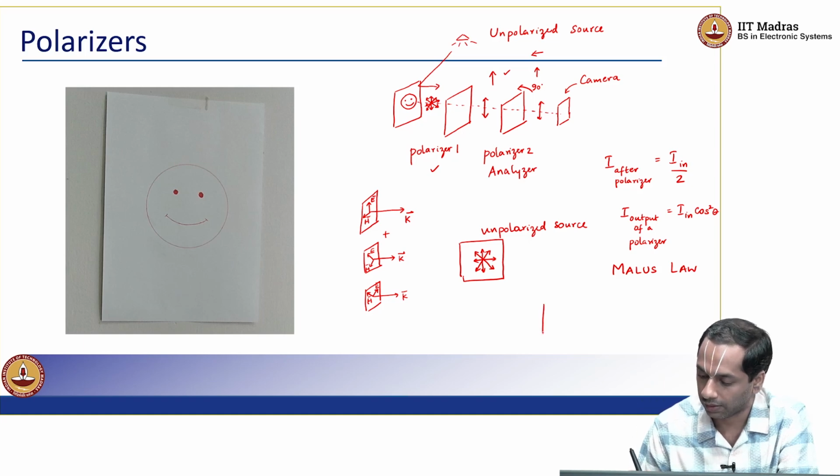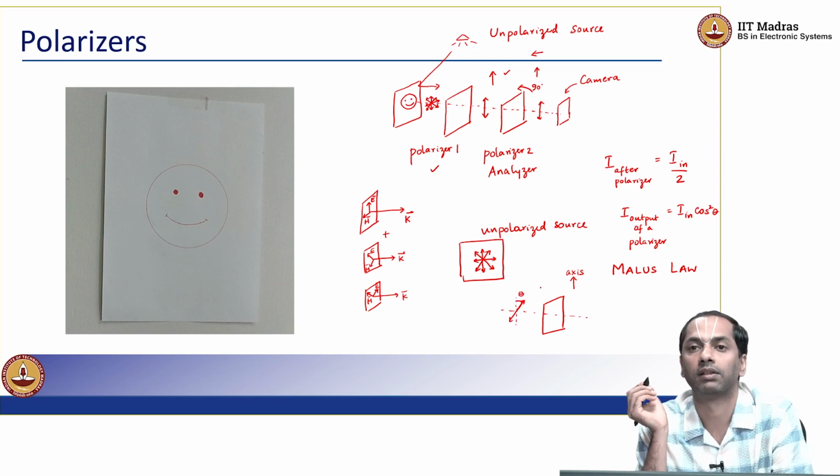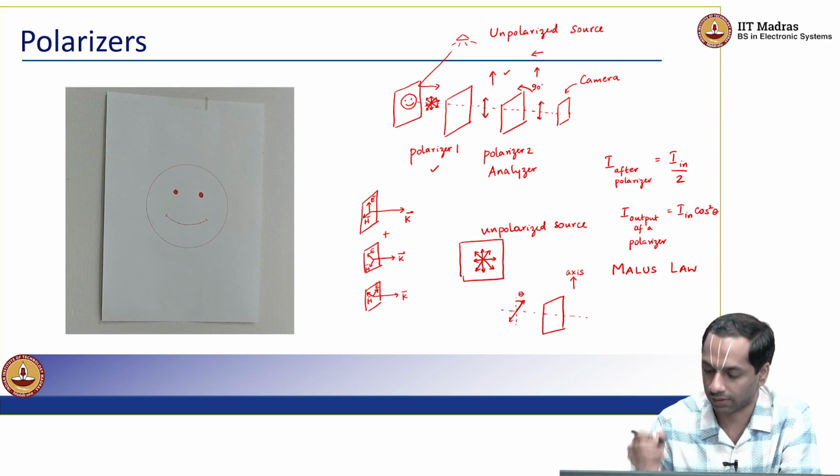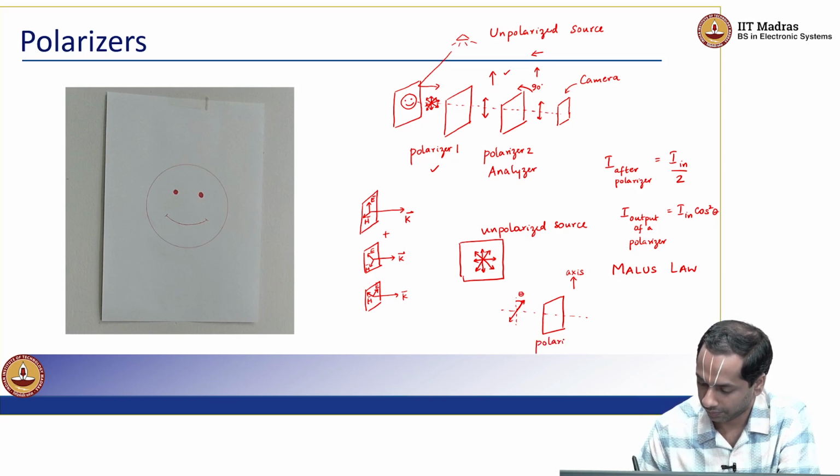So, if this is the axis of my polarizer, and I am sending in a linear polarization that is tilted at an angle theta from the axis of the polarizer, I can say that if this is I naught, the output is I naught cosine squared theta.